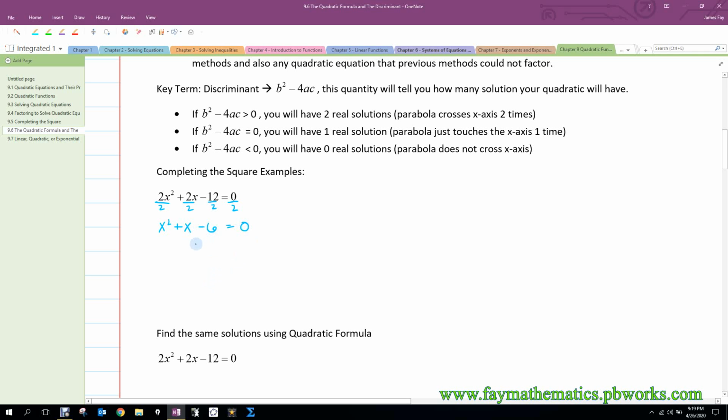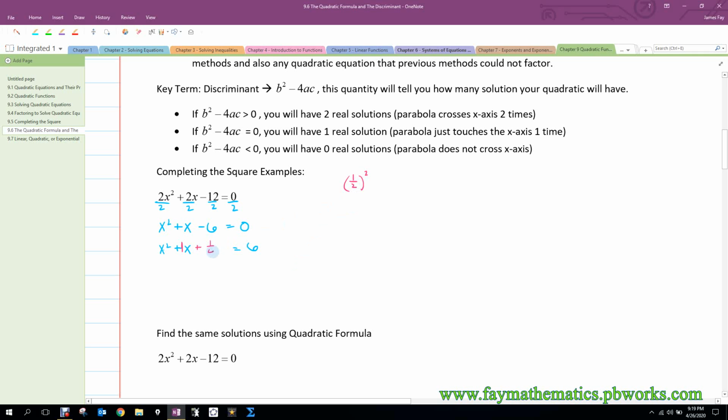You then take this constant and add it to the other side, so x squared plus x equals 6. The next thing you do is take half of that term right there. It's a 1, so half of that is 1/2, and we're going to square that. It gives me 1/4.